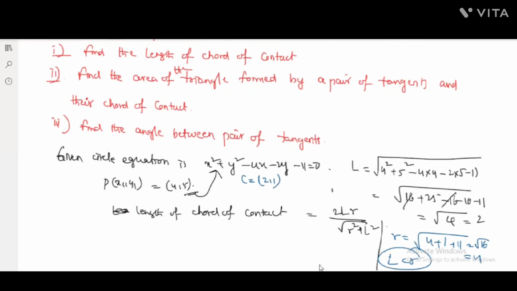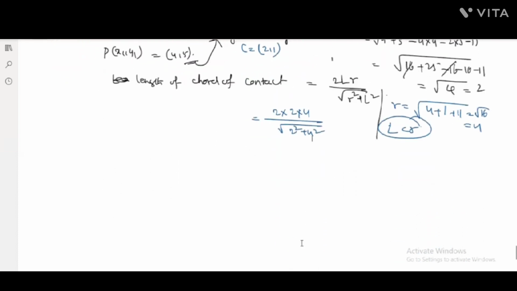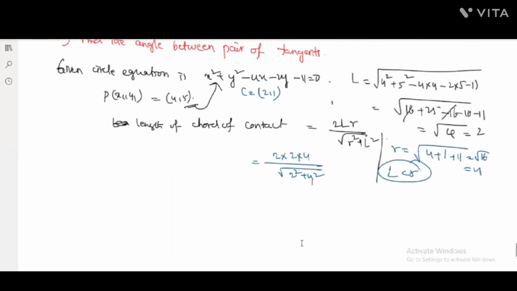So let's substitute to find the length of the chord of contact. 2 into 2 into 4 by root over 2 square plus 4 square. Here you will get 16 by root 20, which is 16 by 2 root 5, which is 8 by root 5 units, the length of the chord of contact.